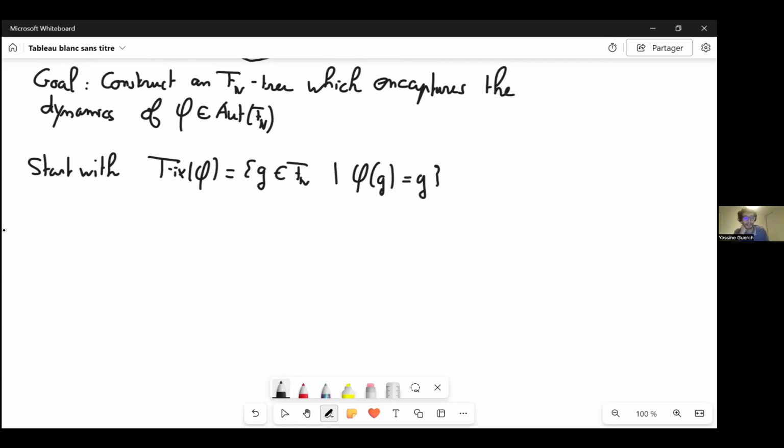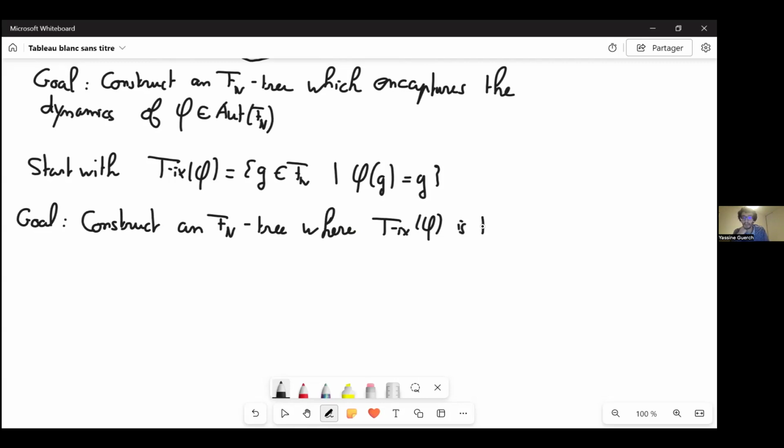And in fact, our goal, as in the geometric case, is to construct an FN tree where fixed phi is the stabilizer of a point, of a vertex.